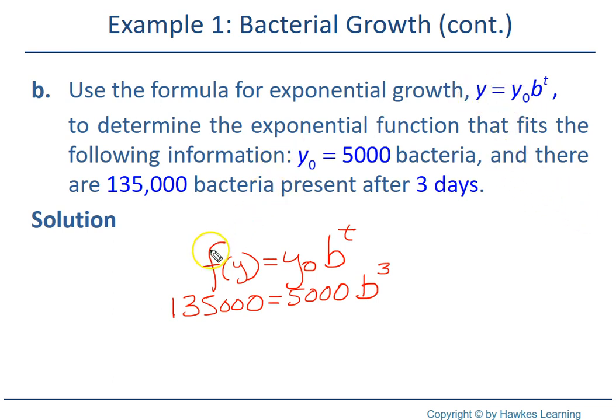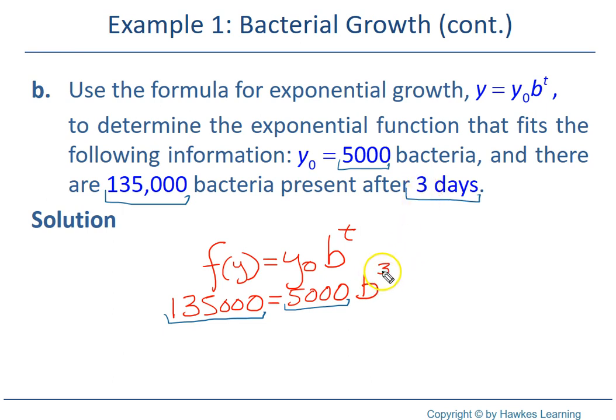Taking the information they've given us so far, we have our function of y at the beginning, b to the t power. And we know that we started with the 5,000, so we put the 5,000 there. We know we're going to end up with this. And we're saying 3 days now. So we're going to have our time, instead of being hours, will be days.